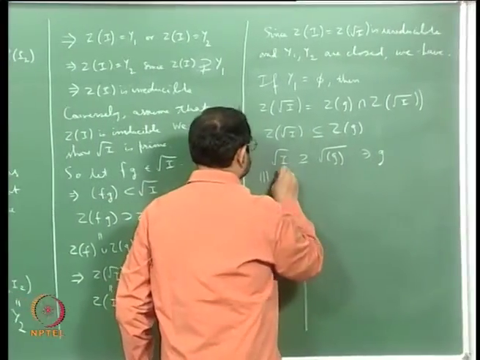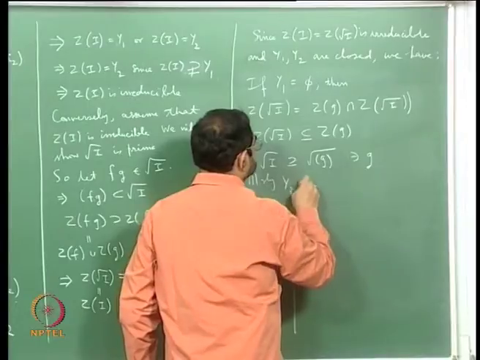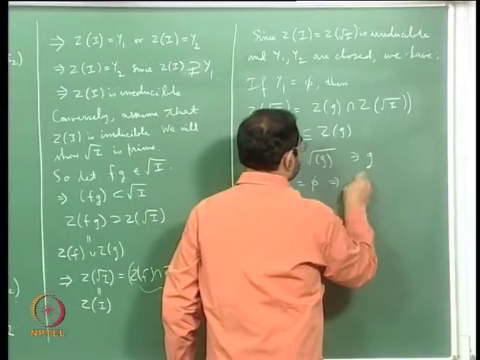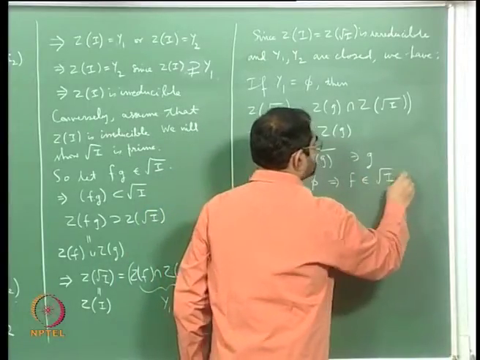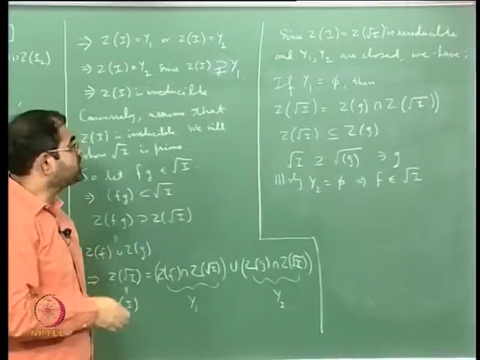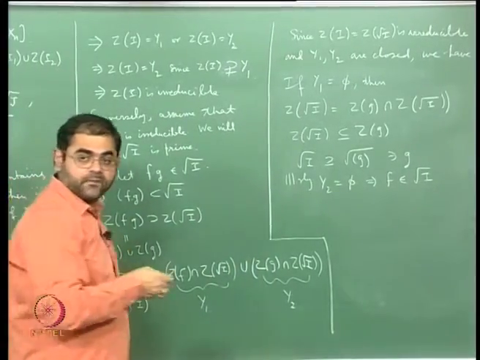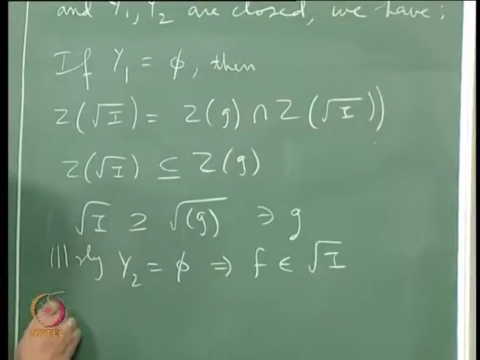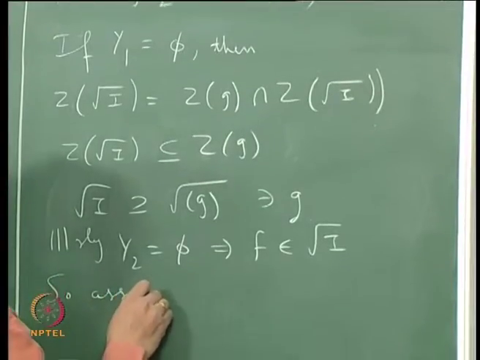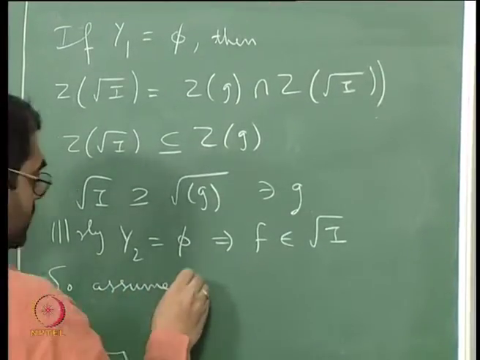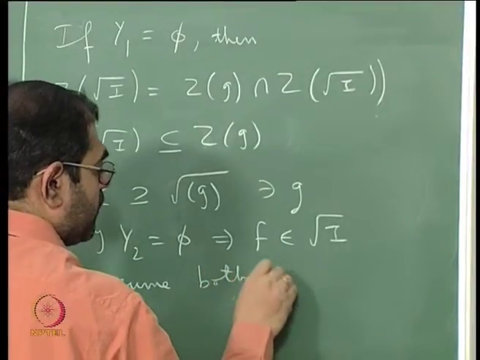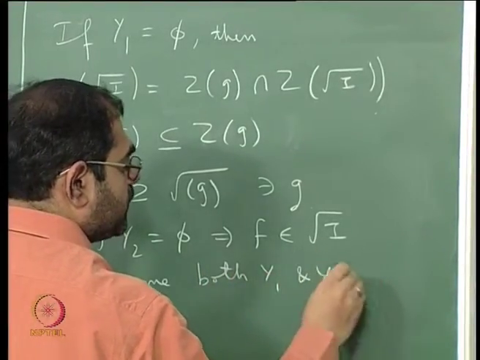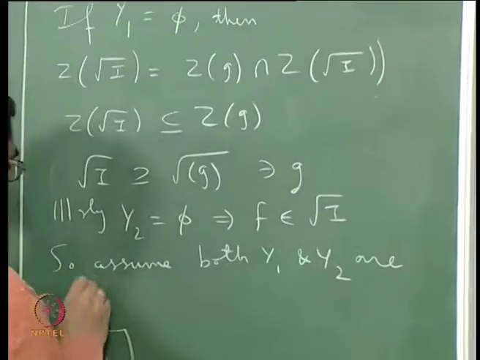Similarly, Y2 empty implies f is in the radical, and you are done. So assume both Y1 and Y2 are non-empty.